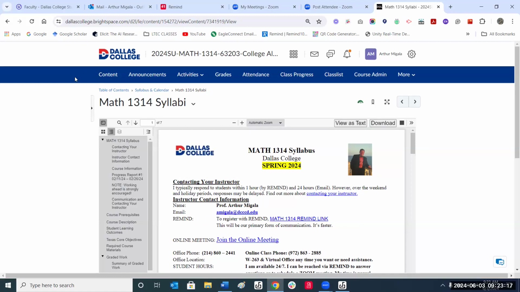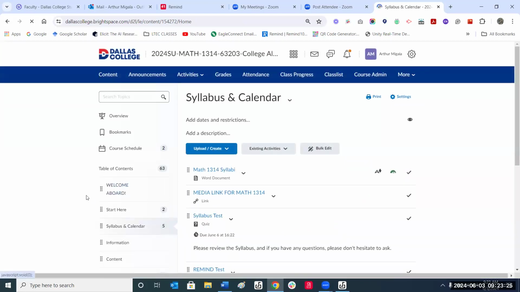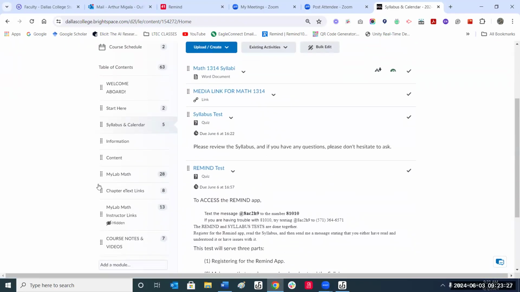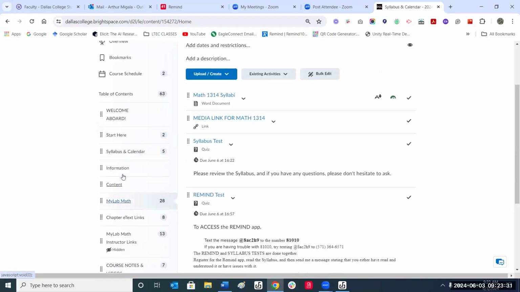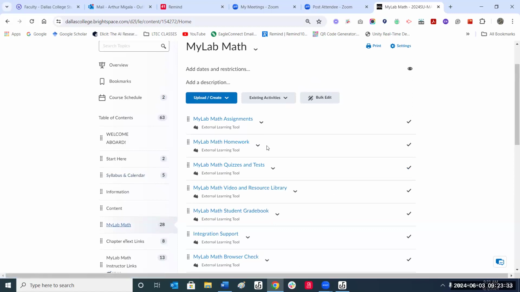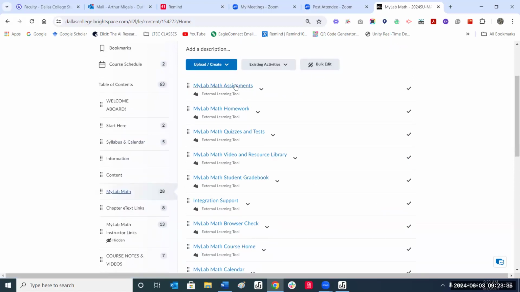Yes. Look at the MyLab and it says practice exam bonus 10%. Yes, I'm glad you asked. Very good. Now, once you finish looking at the syllabus and all that, what you're going to do is go here, MyLab Math. That's where all of your assignments are. You can look at all your assignments here, or just the tests and quizzes here, and the homeworks here.